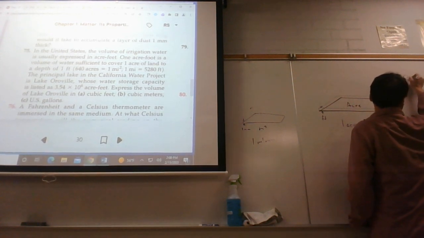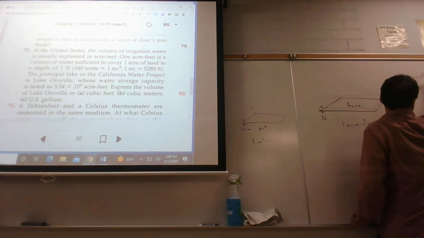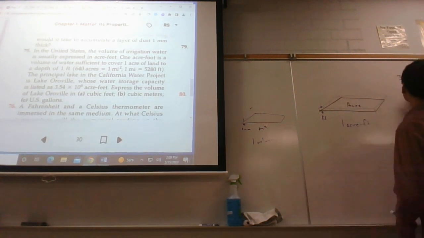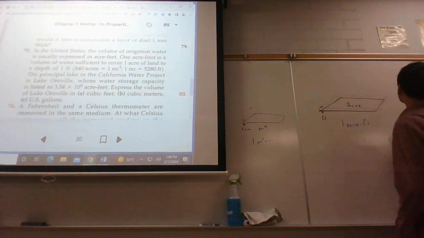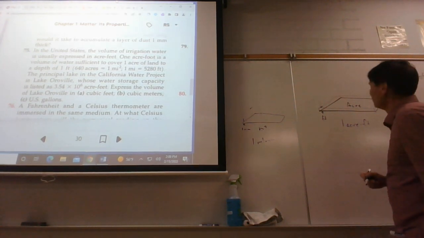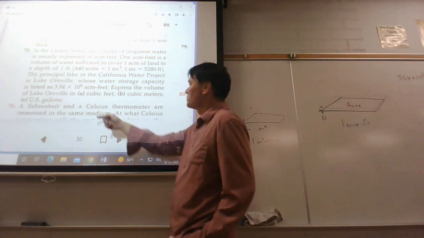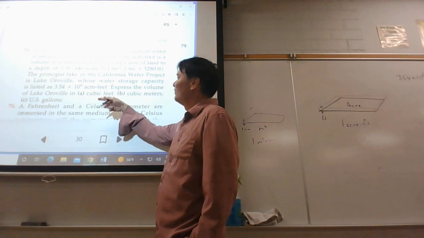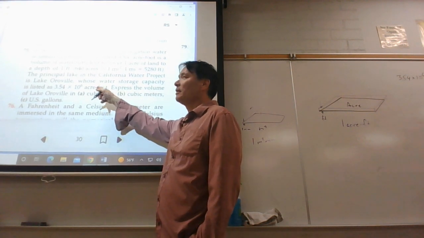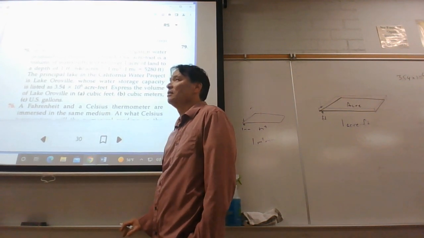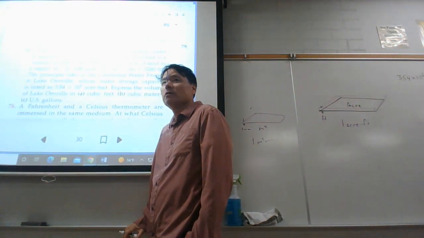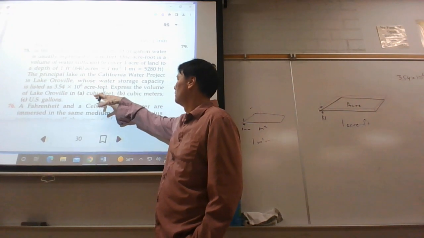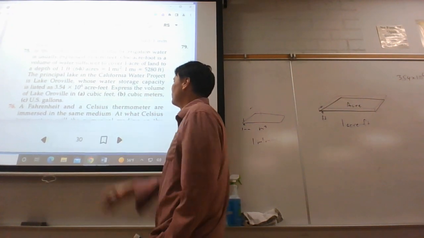In other words, 3,540,000 acre feet. Lake Oroville is not filled to capacity, even after the big storms. I think it's still like 80 feet short of being full. But we'll assume it's full. Express the volume of Lake Oroville in cubic feet.